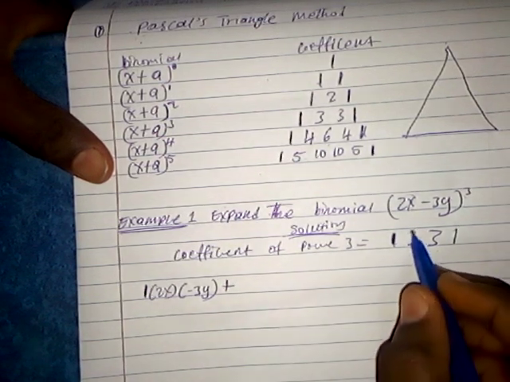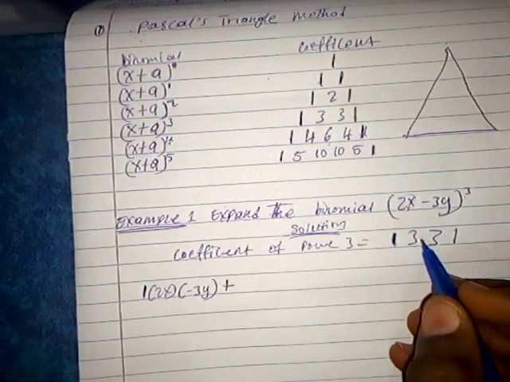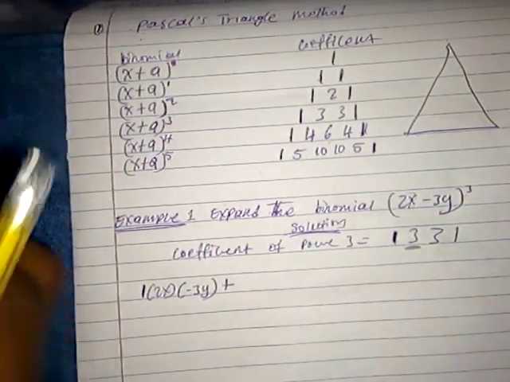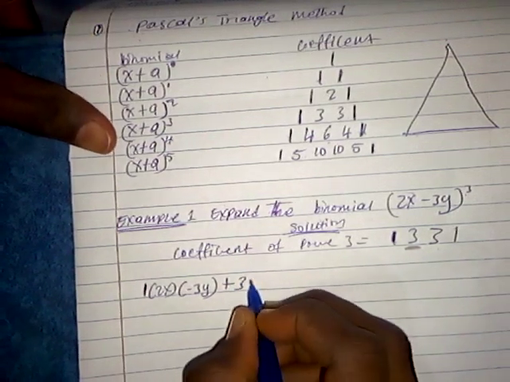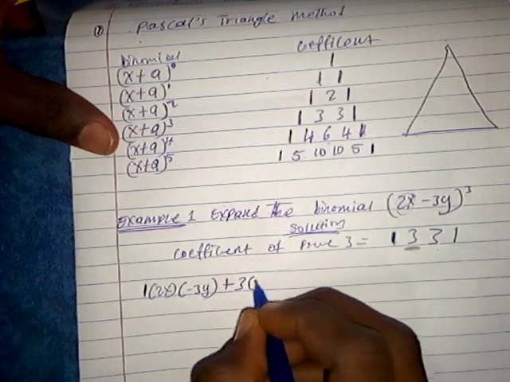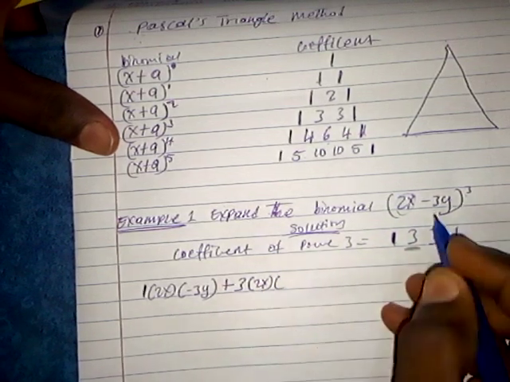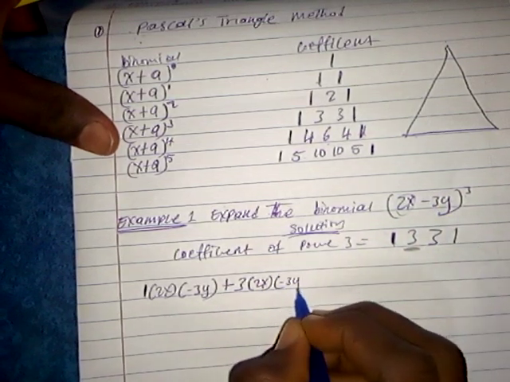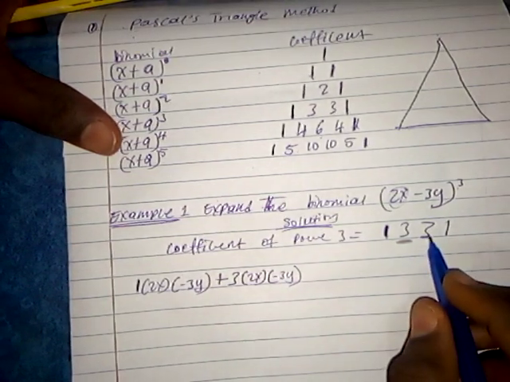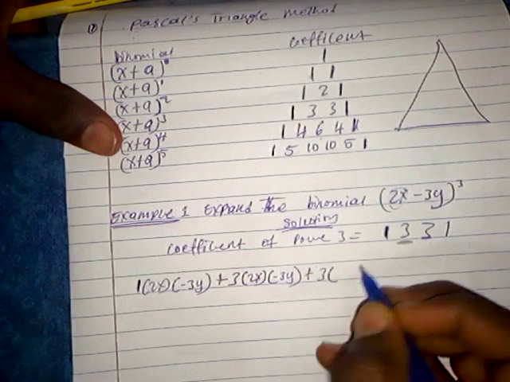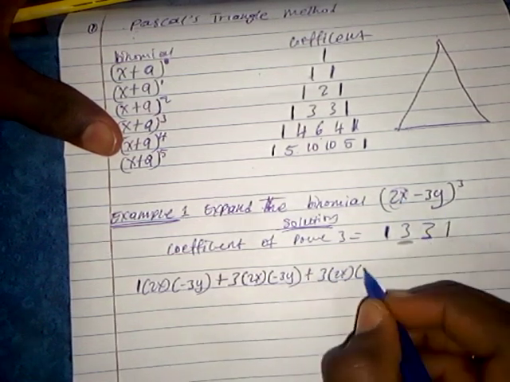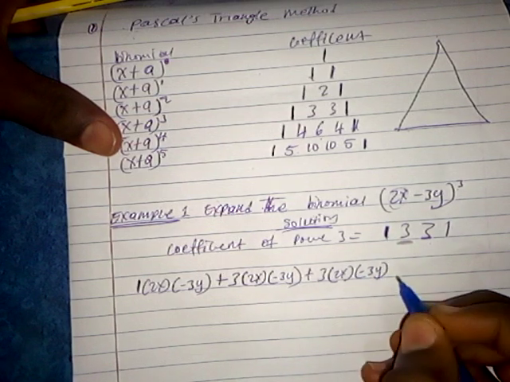We take again the second coefficient, which is what? 3. This is the second coefficient, which is 3. We write 3, multiply it to the first term of the binomial, 2x, and multiply it to the second term, minus 3y. You see the procedure. We come again for the third coefficient, plus 3, multiply it to the first term and to the second term again, which is minus 3y.